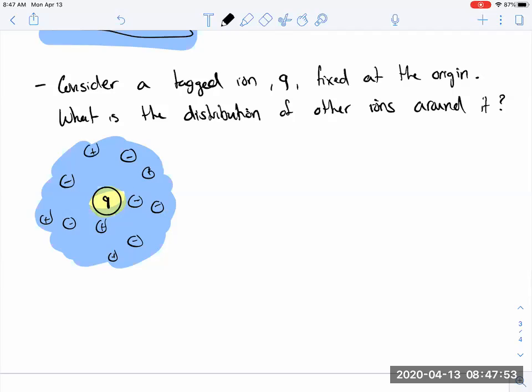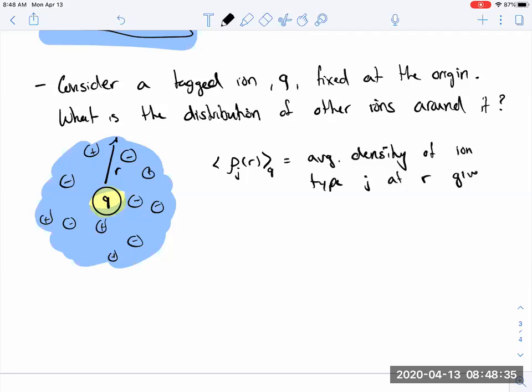Etc. If we looked out radially from that origin, we can define rho of R sub J, given Q, as the average density of ion type J, where J is a cation or anion, at position R, given Q at the origin.